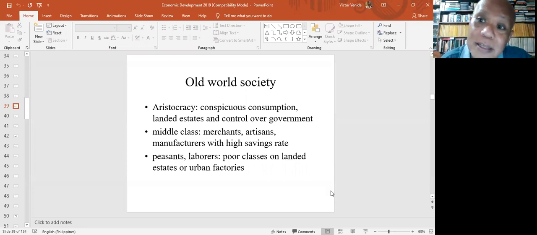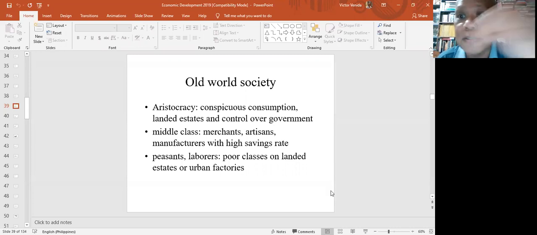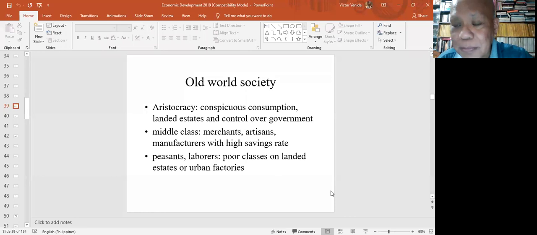Finally, you have the peasants and laborers. The peasants, as I mentioned to you, were the ones paying rent to the lordly estates. Okay? They pay rent by way of the earnings when they sell some product that has a market.